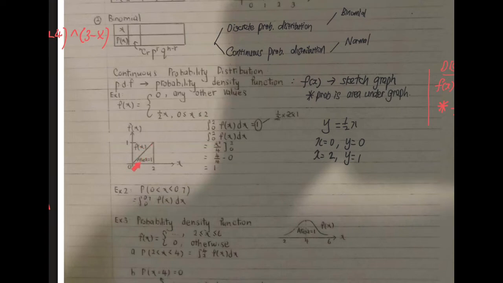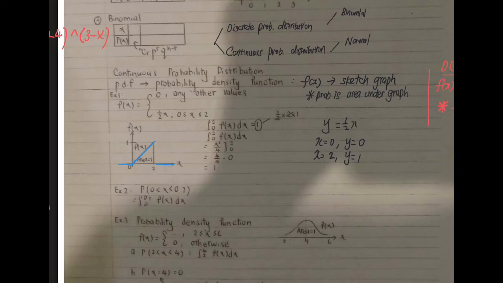So I join with a straight line, then I get a graph of half x. So that means when you sketch the graph, from 0 to 2 you sketch half x. Other than that, you sketch 0. 0 means you sketch a horizontal line on the x-axis. So something like this. We sketch a graph like that.